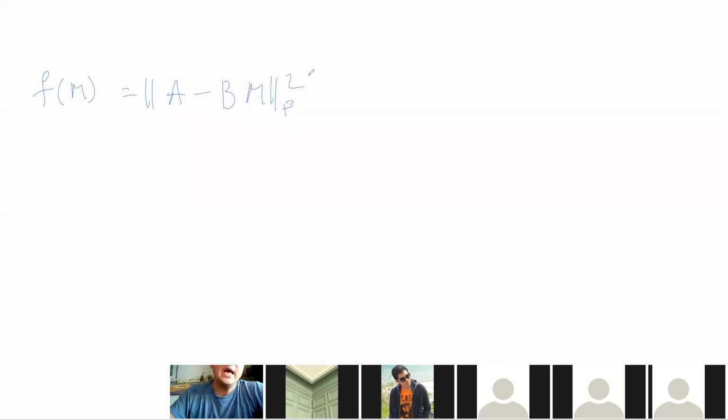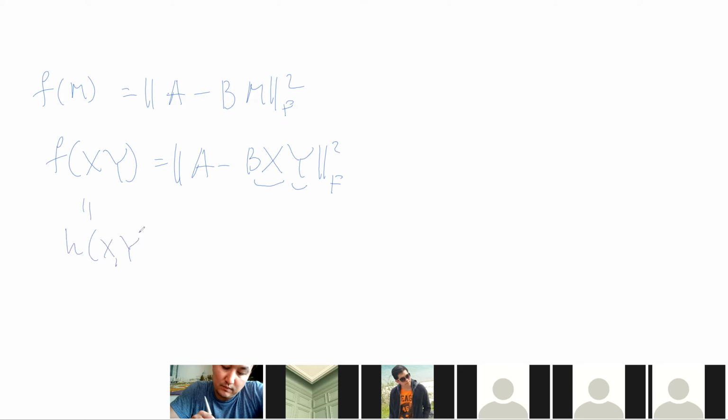It depends on the M component. But when you put here as the argument this product of two matrices, this is going to behave in a convex way on X, in a convex way on Y, but together it's not a convex function. So what does it mean? If you treat this function as a function of two variables X and Y, this is not a convex function.